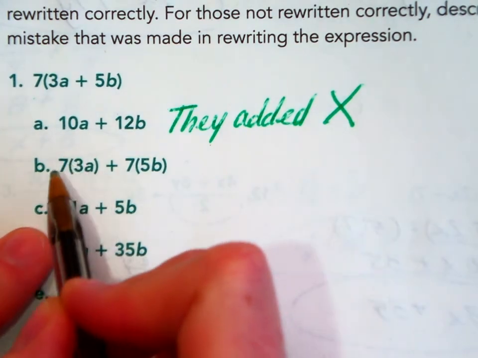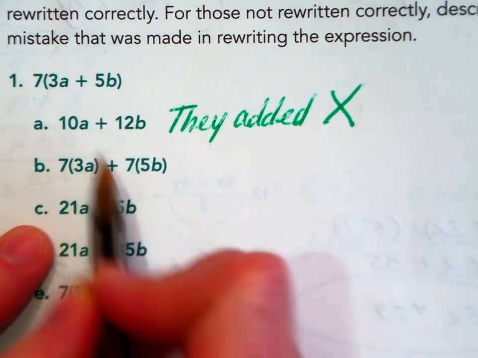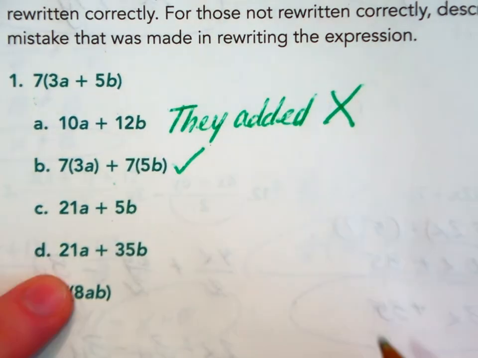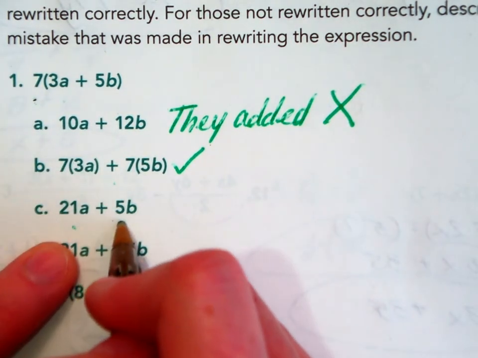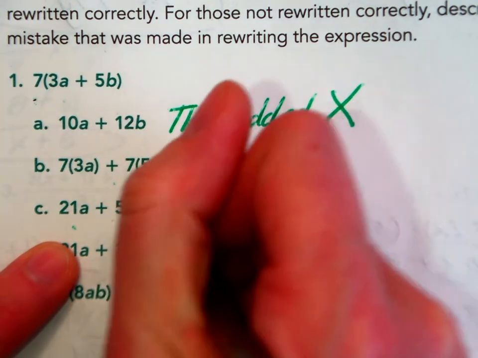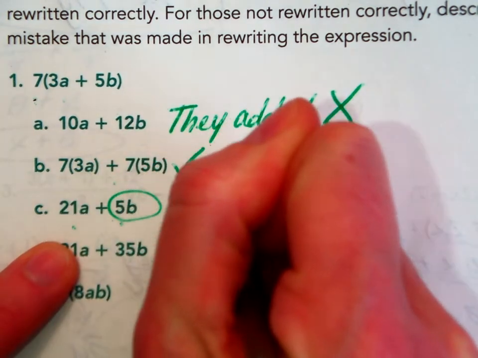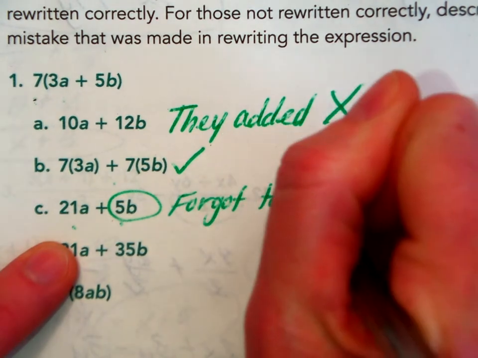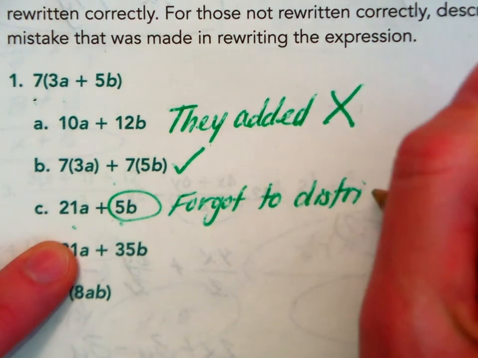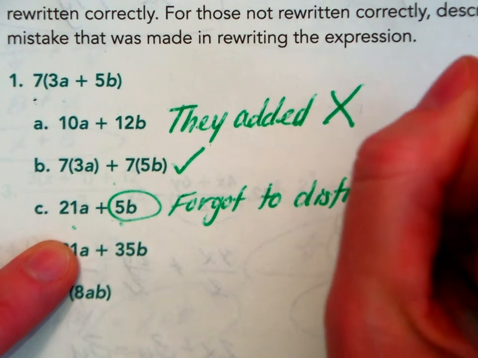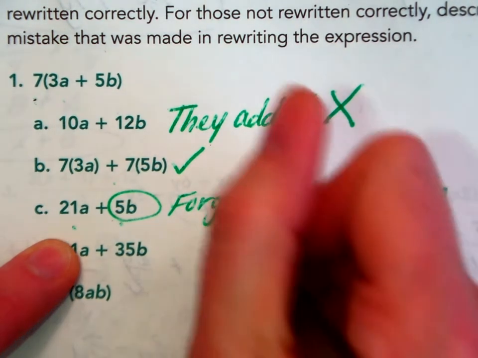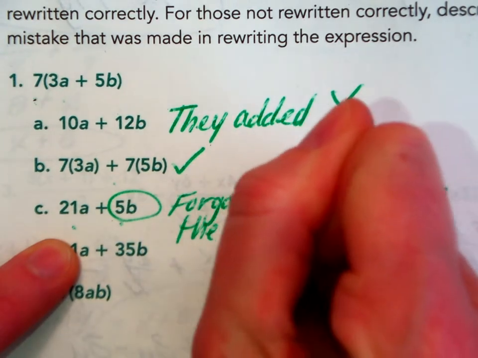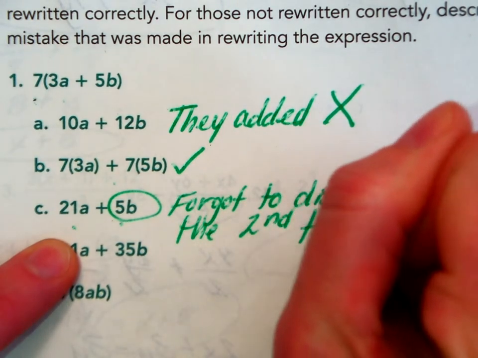Okay. 7 times 3a plus 7 times 5b. That looks good. 7 times 3a is 21a. Oh, but they forgot to distribute to 5b. That's no good. So they forgot to distribute to the second term in parentheses.